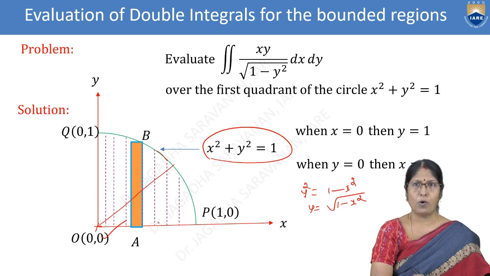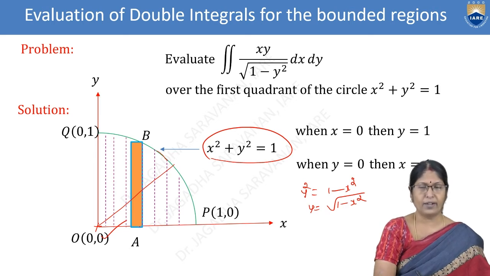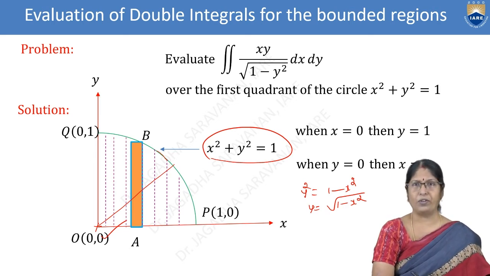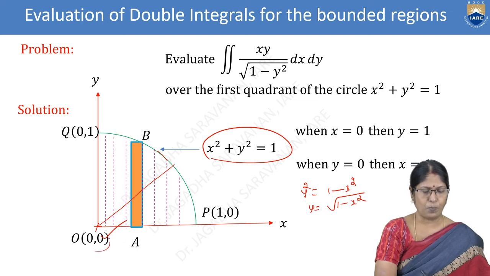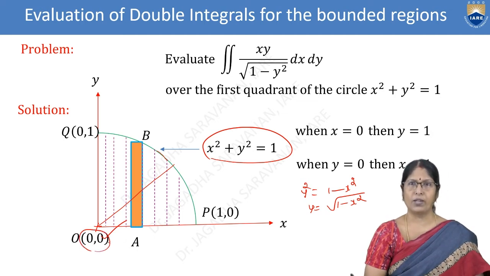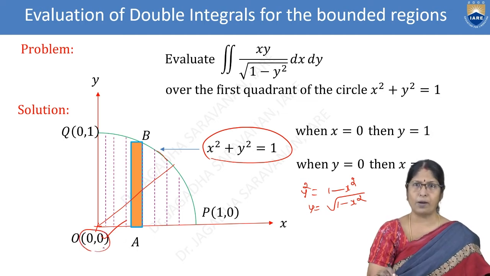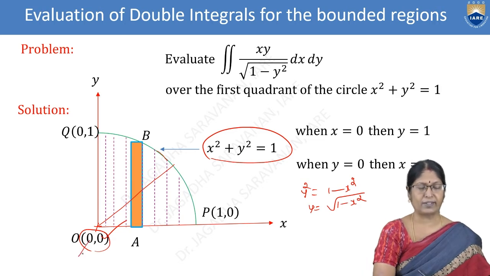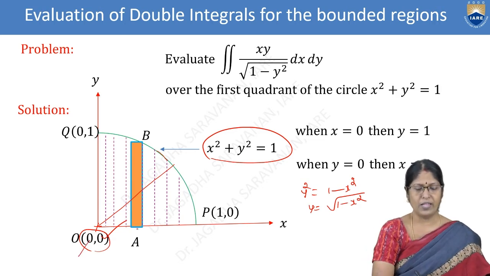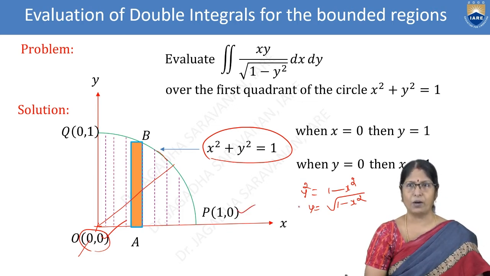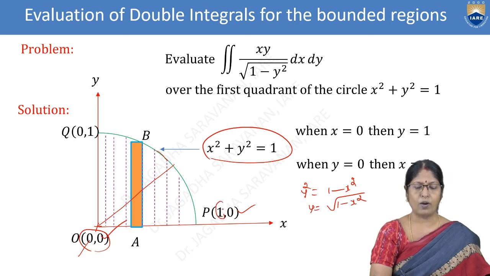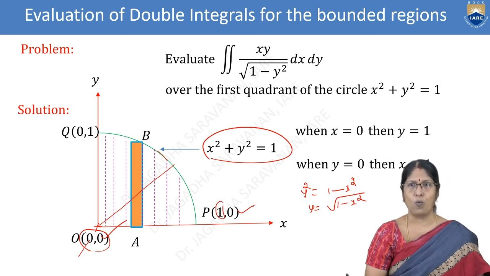Then what about x? For this vertical strip, we look at the left point, which is (0, 0), where x is 0. The right point is P(1, 0), where x is 1.